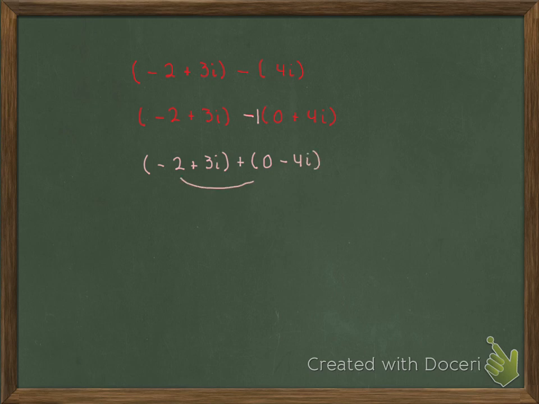Now we can group our reals together and our imaginaries together. Negative 2 plus 0 is negative 2, and 3i minus 4i is negative 1i, or just minus i. Okay, so adding and subtracting, very simple.